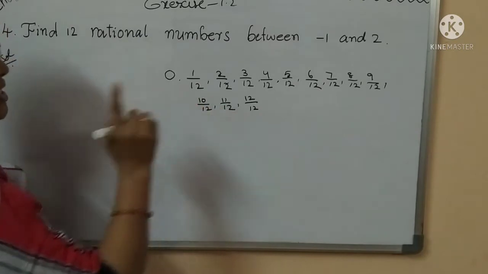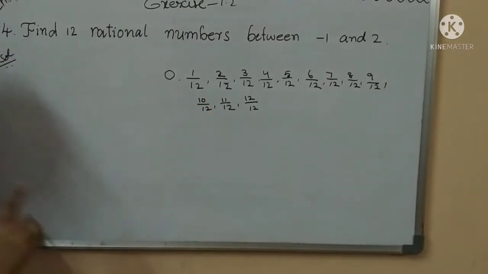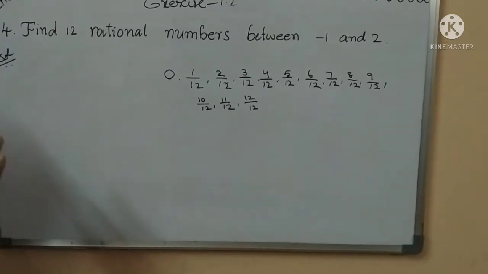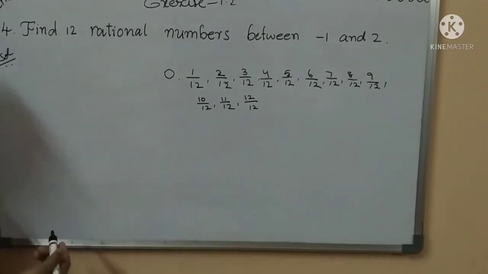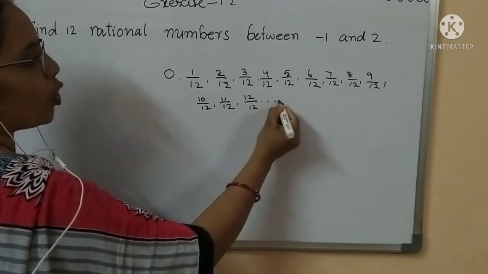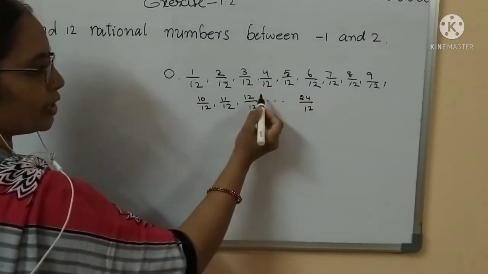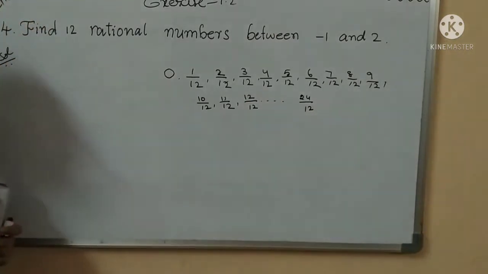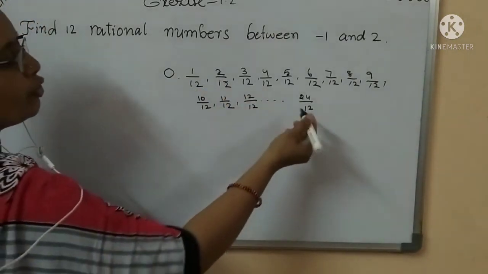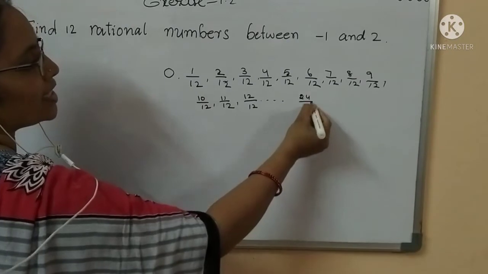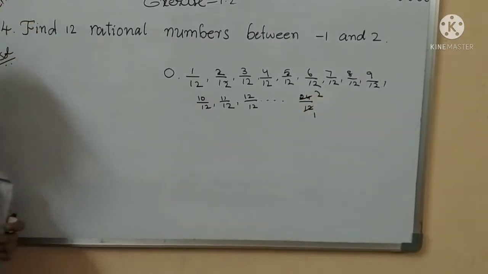Here 12 ones, 1 time possible, so that is 1 only. Next we will get 2, since -1 and 2 are the limits, we should write and so on, 13 by 12, 14 by 12 and so on up to 24 by 12. 24 by 12 means 12 twos are 24.